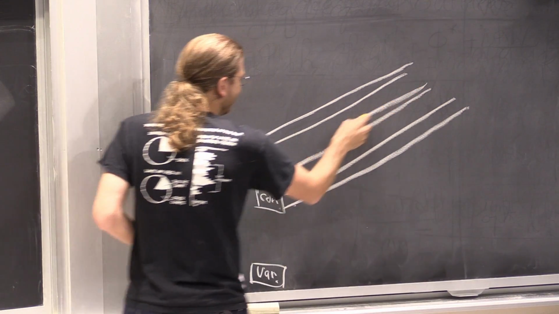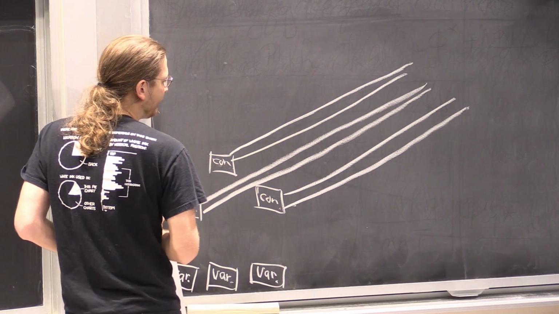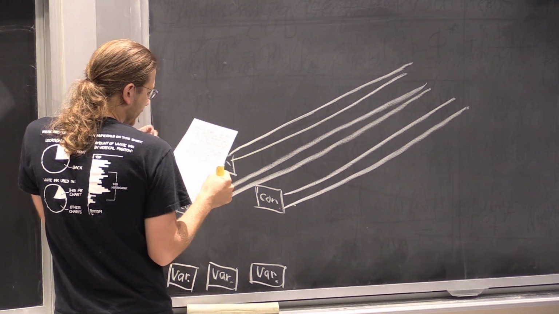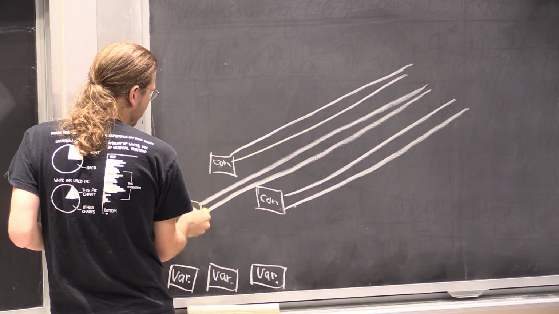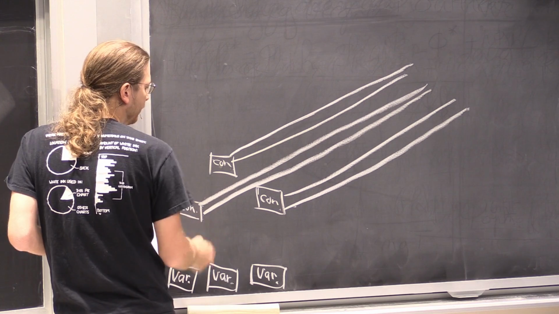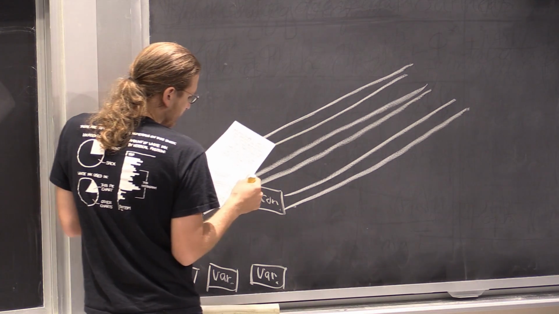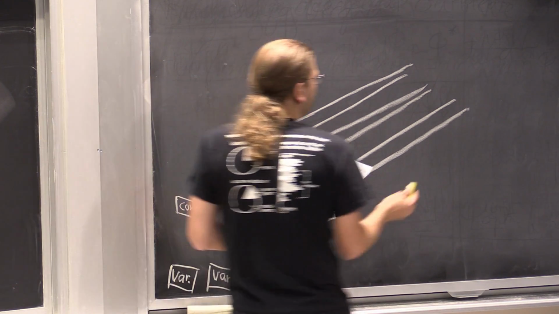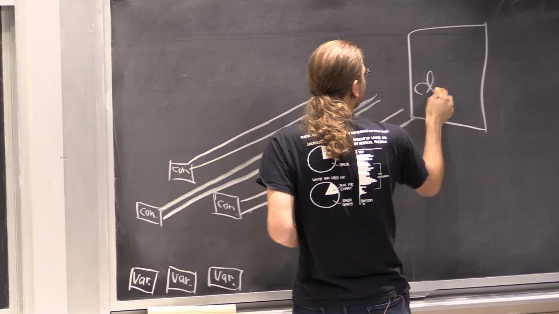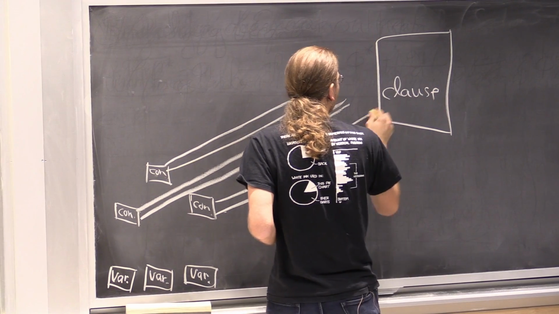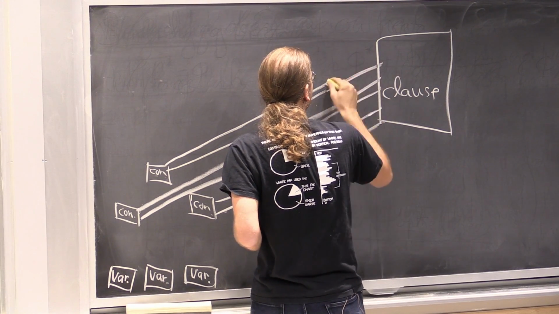I want these all to be non-intersecting. And there's sort of 2 of them. There's going to be the true case and the false case. Okay, and then way over here somewhere, we're going to have a clause where these wires all attach.